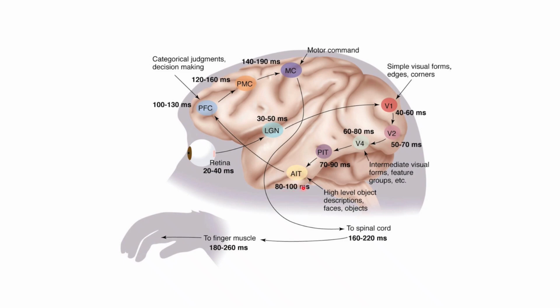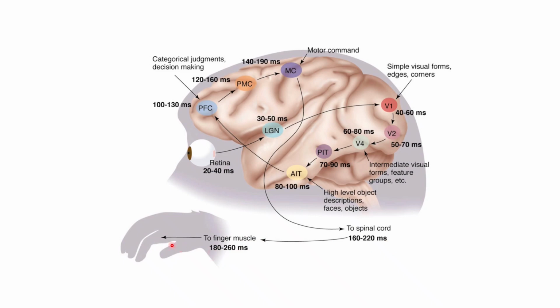And then the signal goes to the prefrontal cortex, and then to the premotor cortex, and then ultimately to the motor cortex, where a motor command is generated, and then this signal is passed down through the motor neurons in the spinal cord. By the time it reaches the finger muscle from the spinal cord, 200 to 250 milliseconds may have passed.